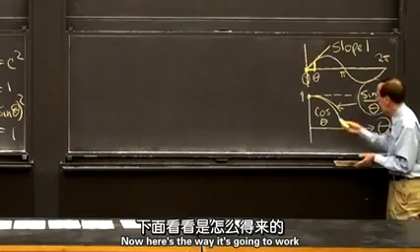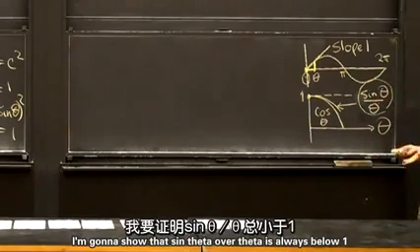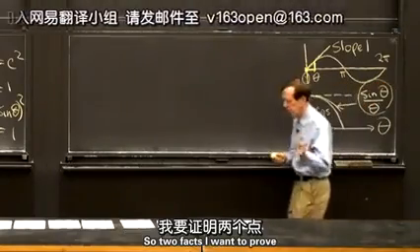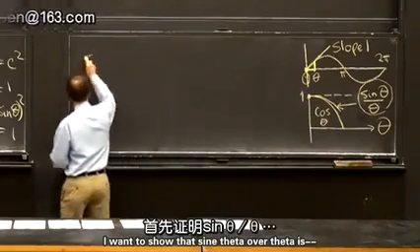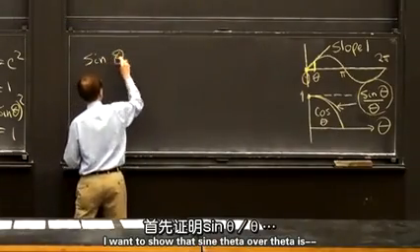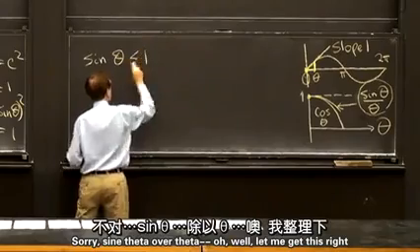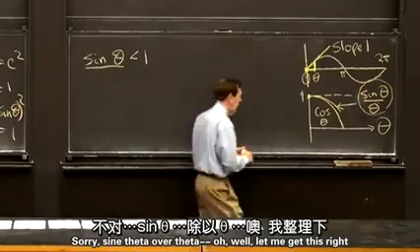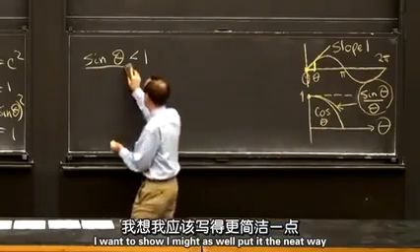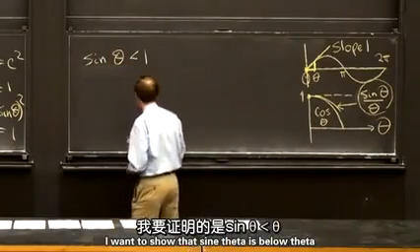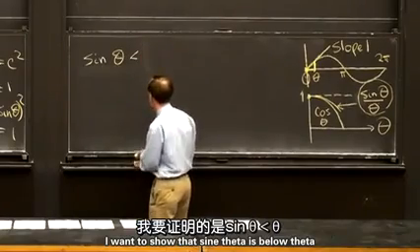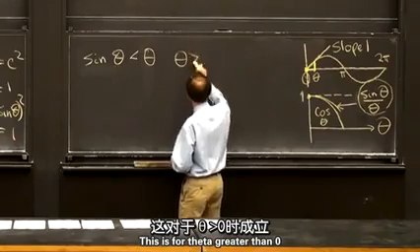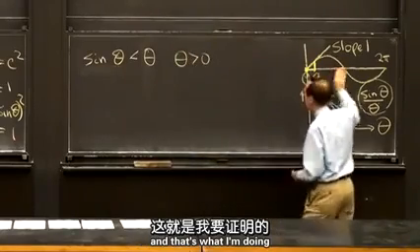Okay. Now, here's the way it's going to work. I'm going to show that sine theta over theta is always below 1. So two facts I want to prove. I might as well put it the neat way: I want to show that sine theta is below theta. This is for theta greater than 0.